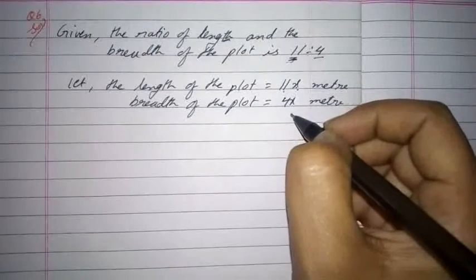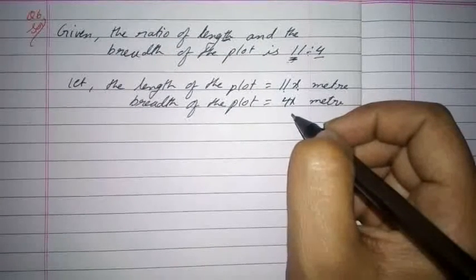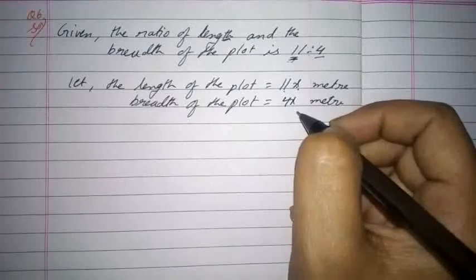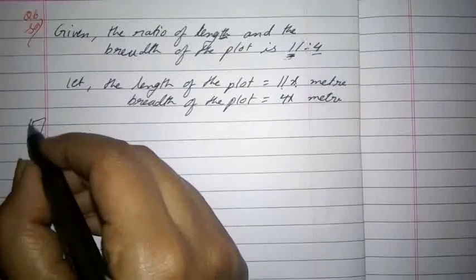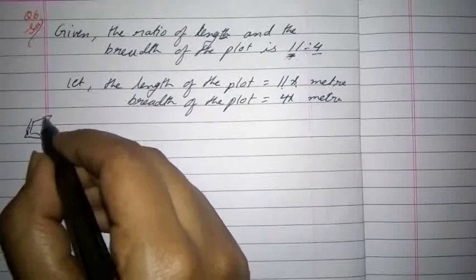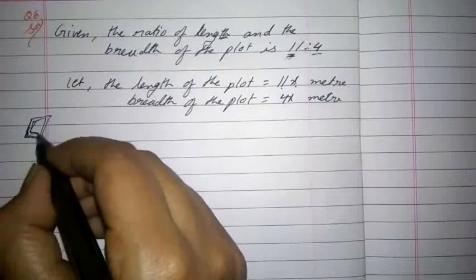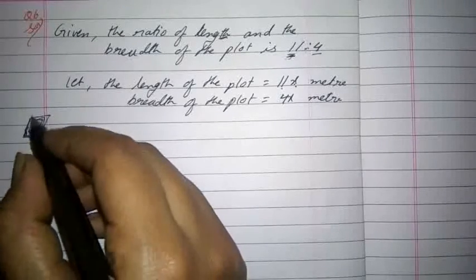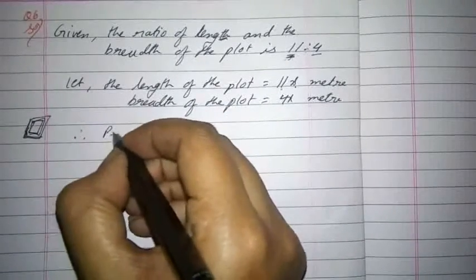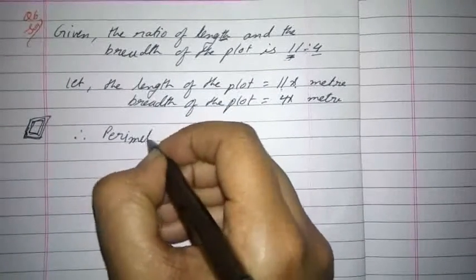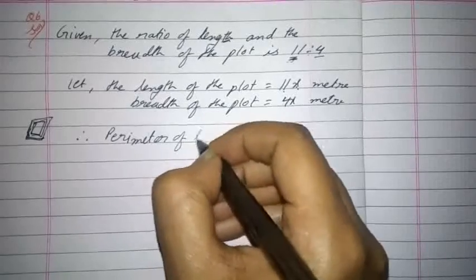It is given that the panchayat paid rupees 75,000 to fence the plot. Fencing means it's the perimeter of the plot. So the fencing of the rectangle is the perimeter of the rectangle. Therefore, we will find the perimeter of the plot.